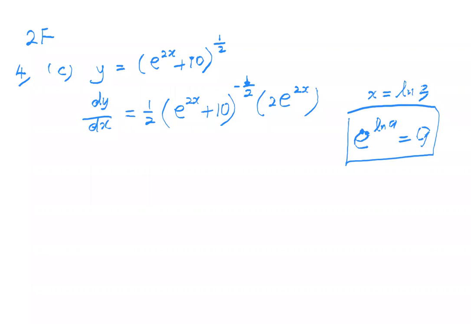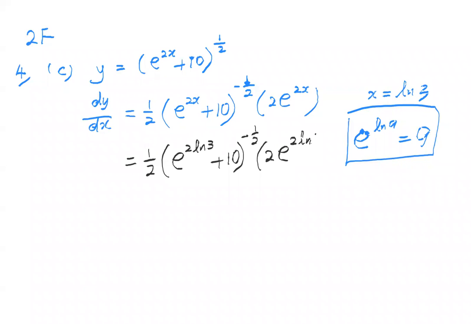Now if I put in here half e to the ln 3 plus 10 to the power negative half, 2e to the ln 3. I told you the e to the ln in front must be 1, correct?